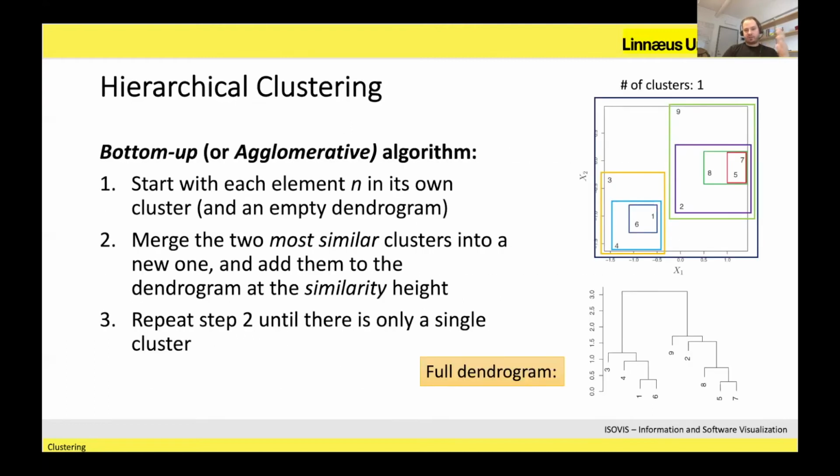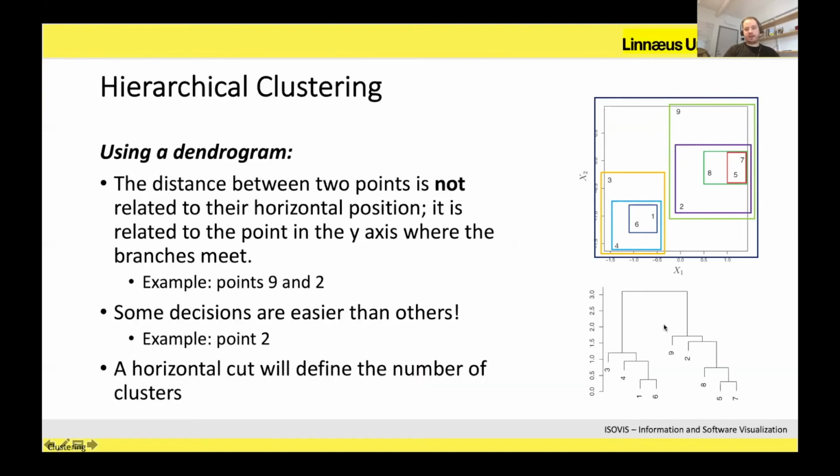So if you're curious, this is the full dendrogram for the example that we were looking at. And as you can see, it's very interesting because some distances are more obvious than others, right?